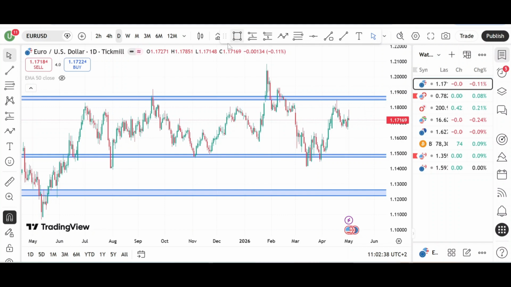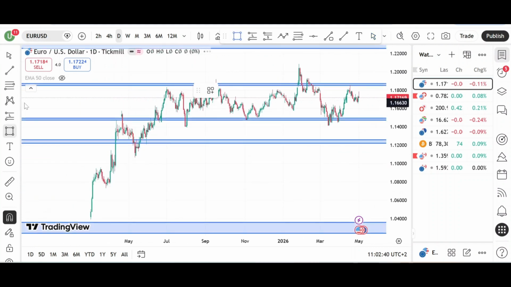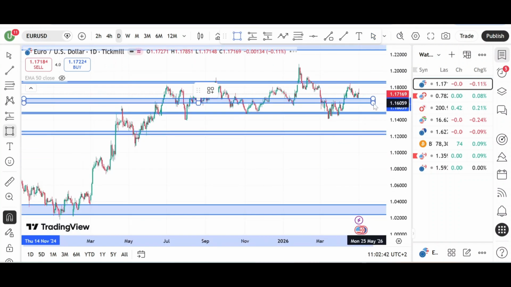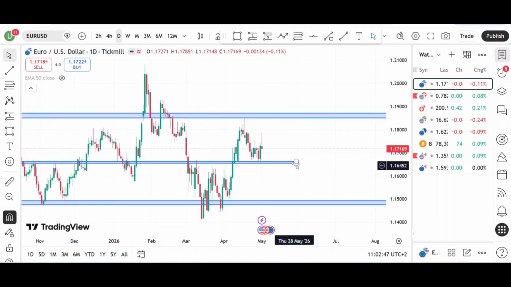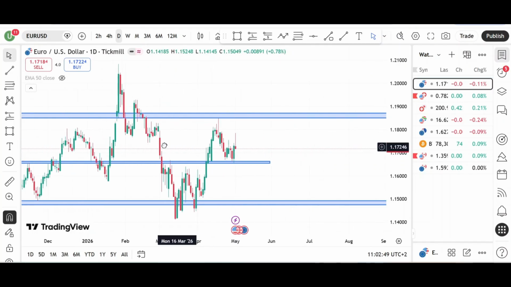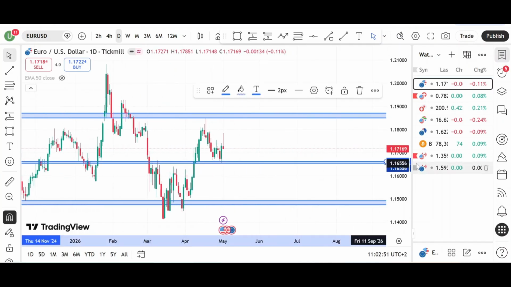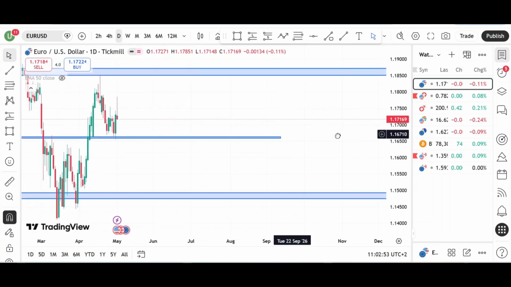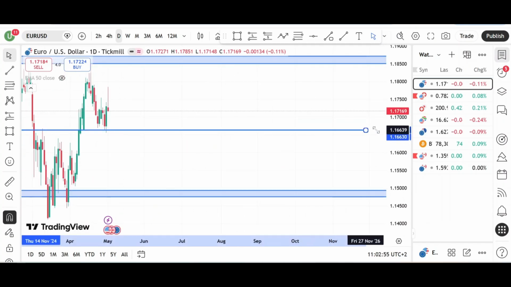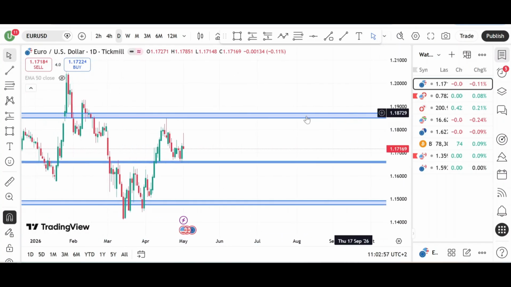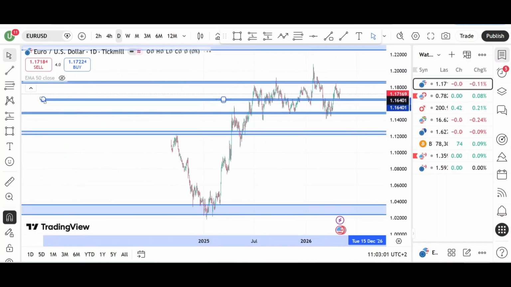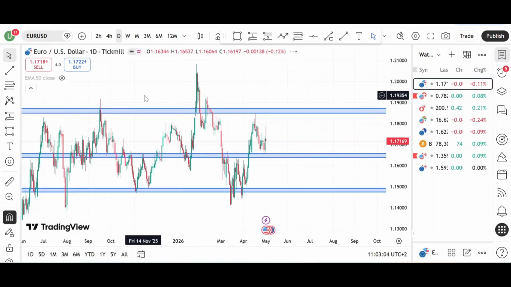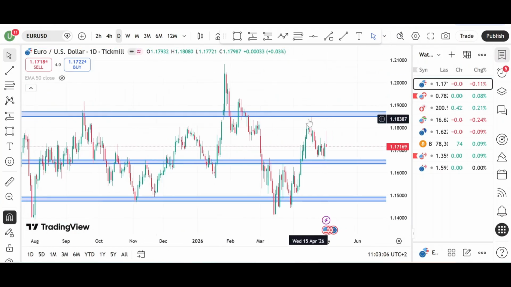As you can see here, this is EURUSD in the daily time frame.